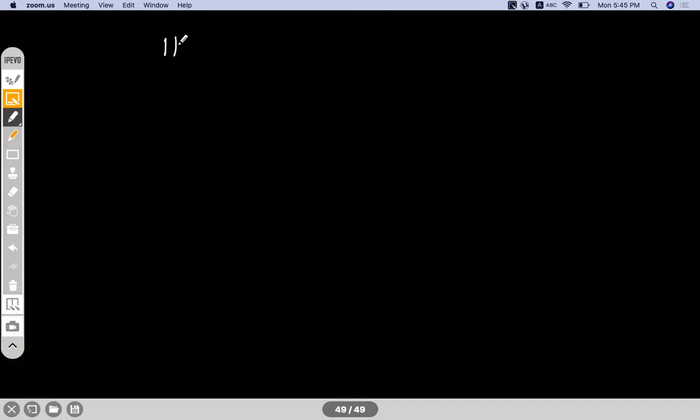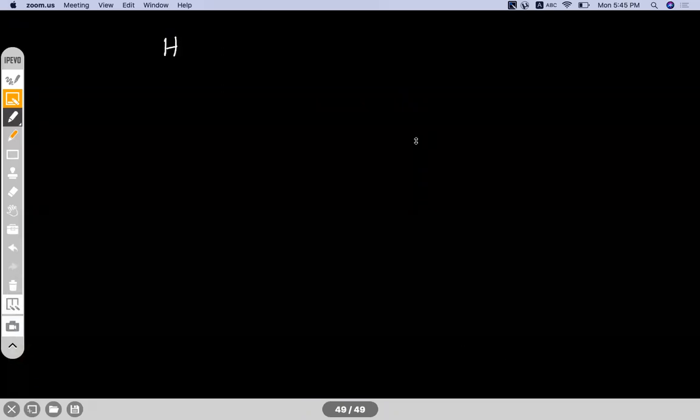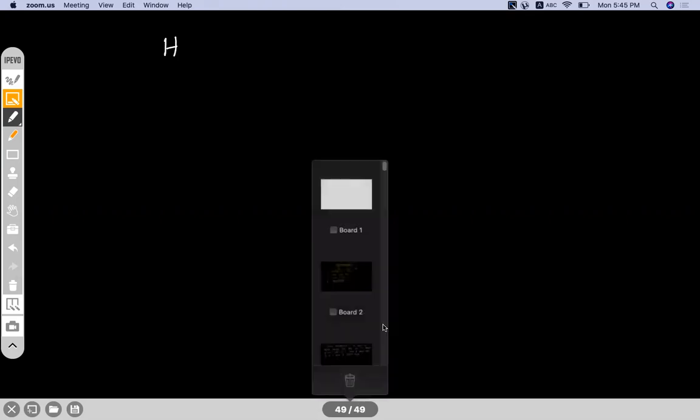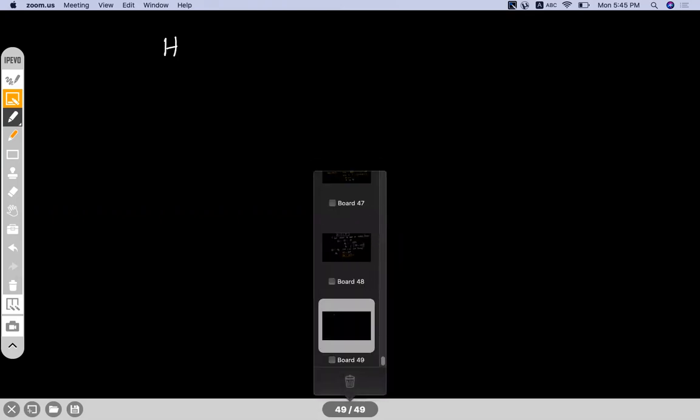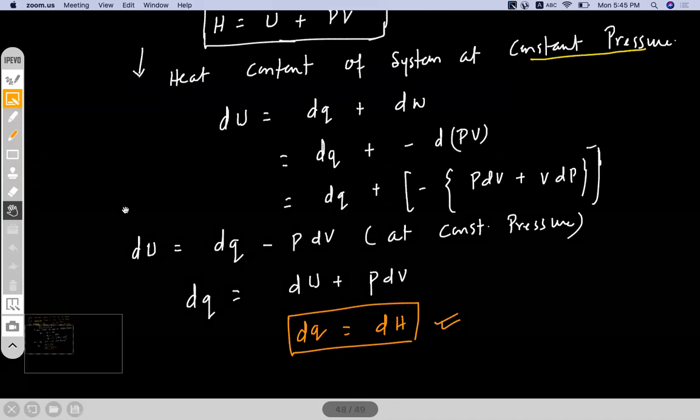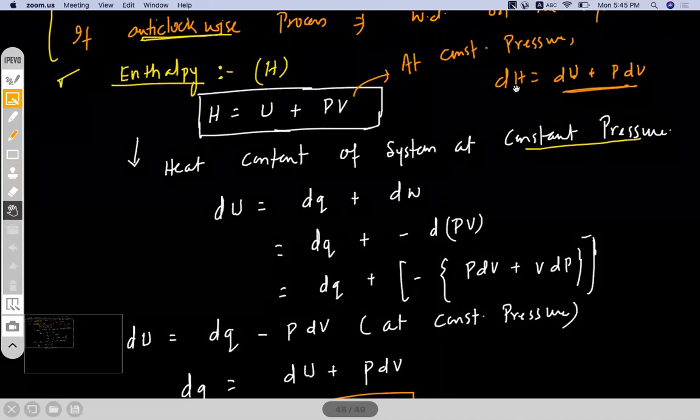Second last step is nothing, we just see dQ is what? dU plus PdV, and dU plus PdV from this expression is nothing but dH.